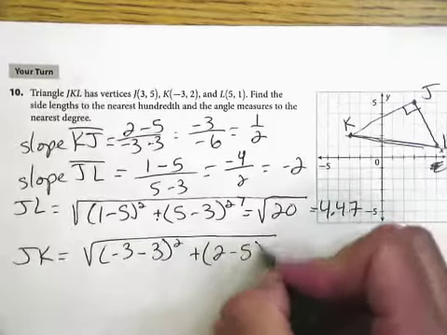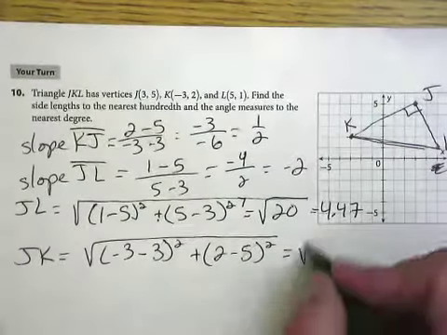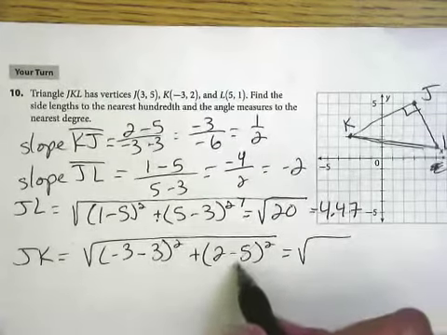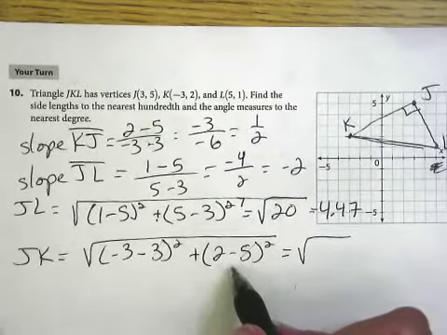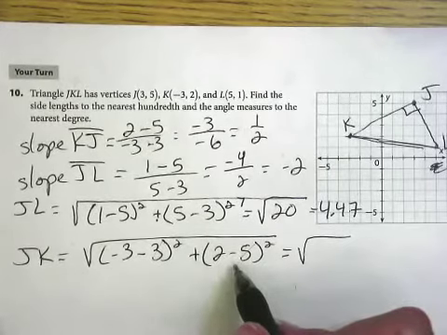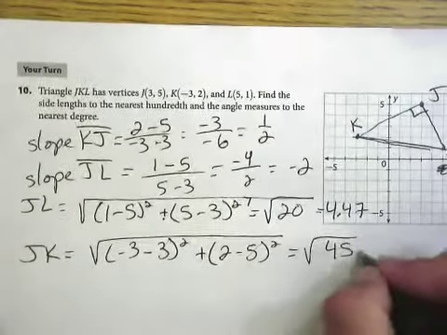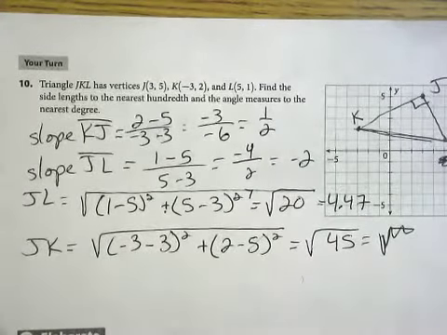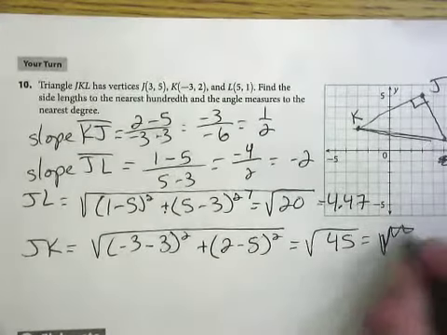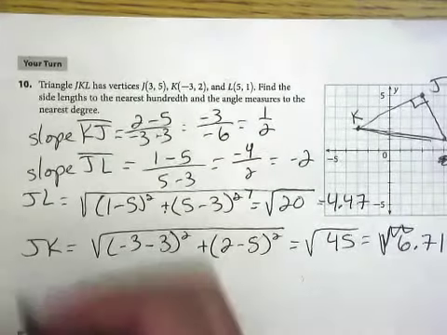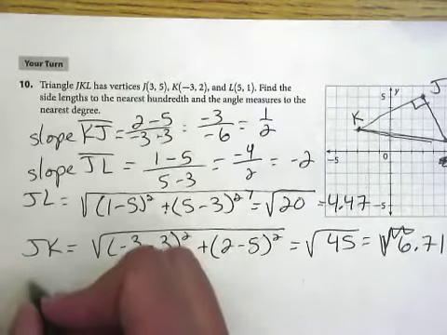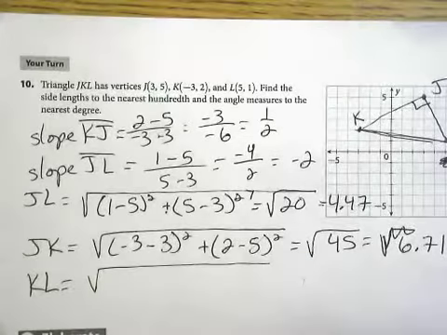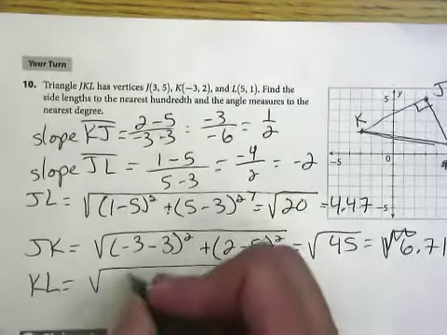JK is, I'll do it right this time, negative 3 minus 3 squared plus 2 minus 5 squared, and that's the square root of, this is negative 6 squared, which is 36. This is negative 3 squared, which is 9. 36 plus 9 is 45. And the square root of 45 is approximately 6.71.